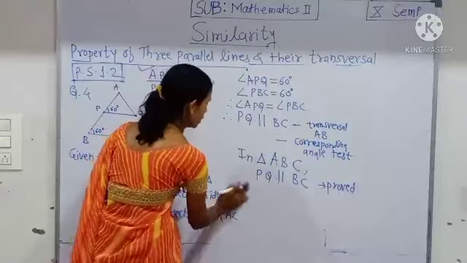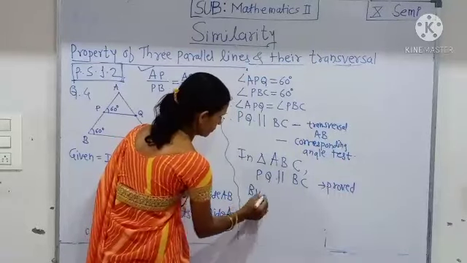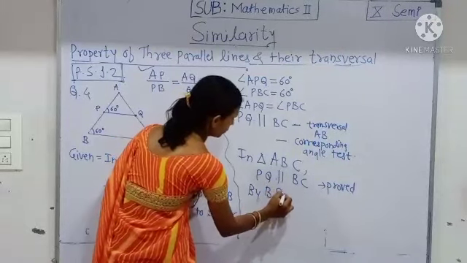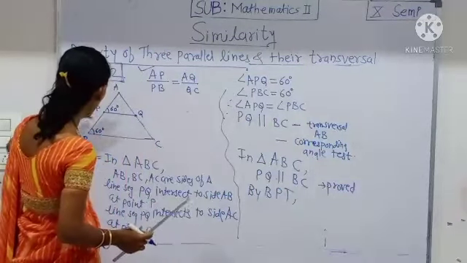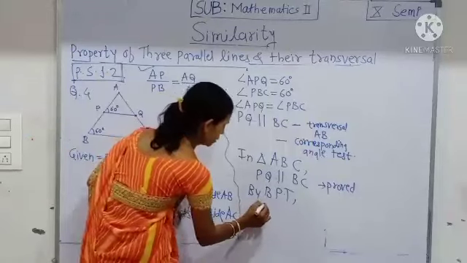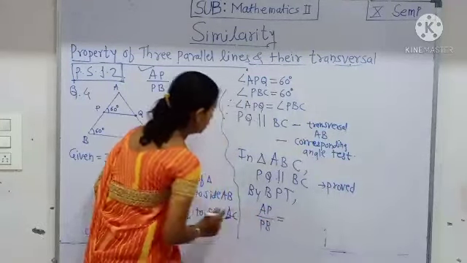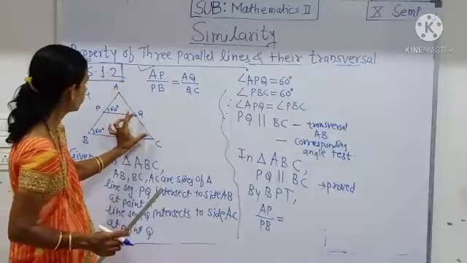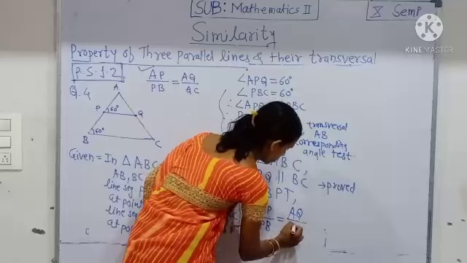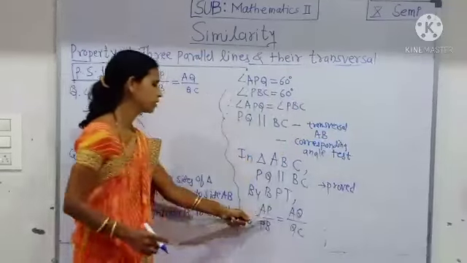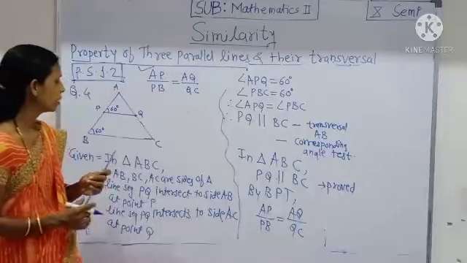Therefore, by the BPT theorem, by the basic proportionality theorem, AP upon PB is equal to AQ upon QC. That is the proof of this example.